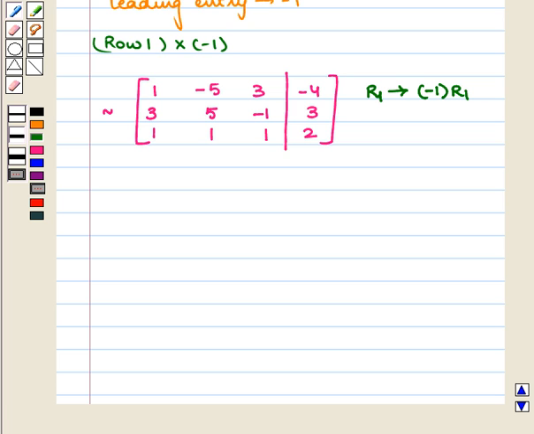Now we have to make all entries below 1 in the first column equal to 0. In the second row, we have 3 below 1 and we have to make it 0. For this, we multiply the first row entries by 3 and subtract it from the entries of the second row.